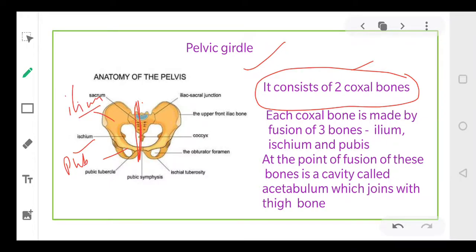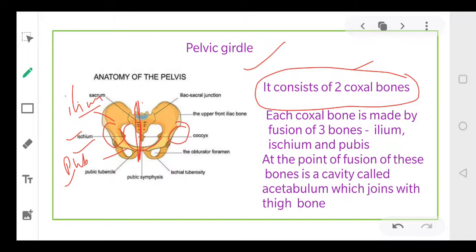So ilium, ischium, and pubis part. And where they all join with each other, there is a cavity which is called acetabulum. This cavity in the center is called acetabulum.